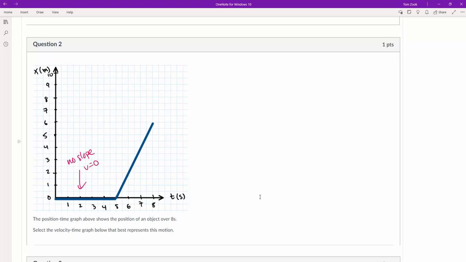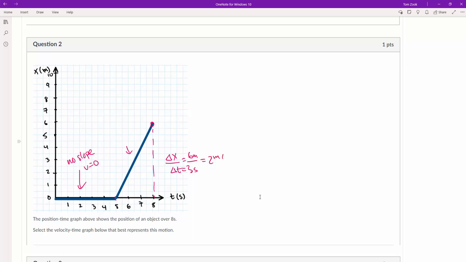And then the second segment, it looks like we're going from time 5 to time 8. That'd be a delta t of 3 seconds. And the change in position during that is 6. So we'd have 6 meters over 3 seconds, which is 2 meters per second.